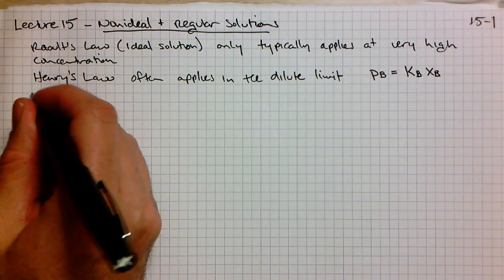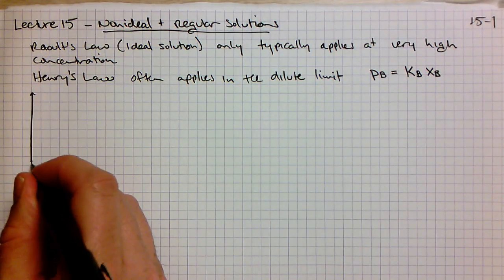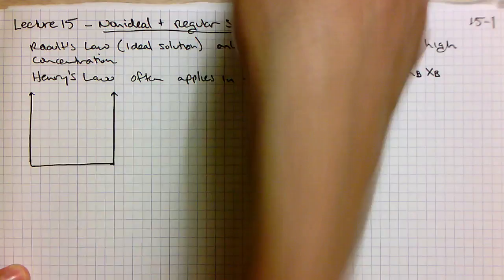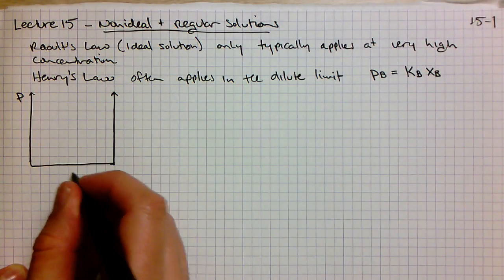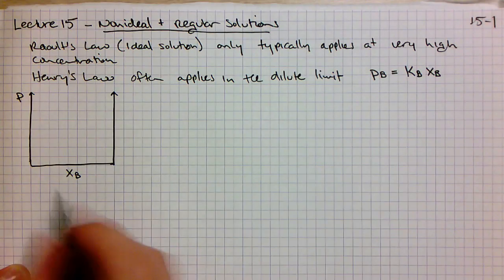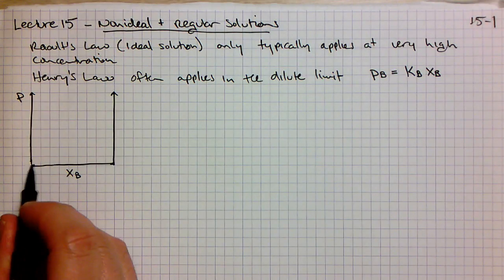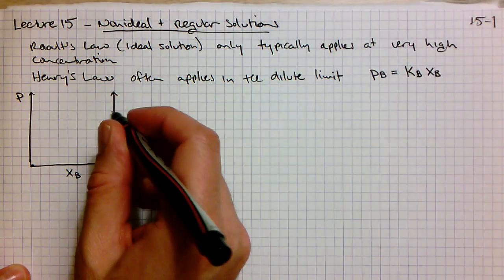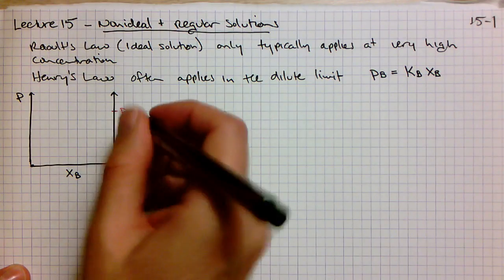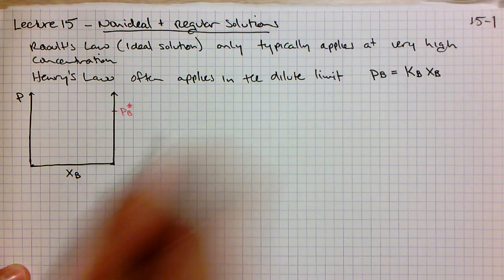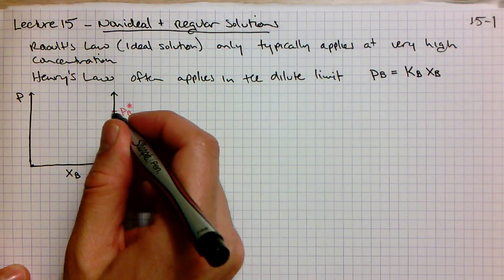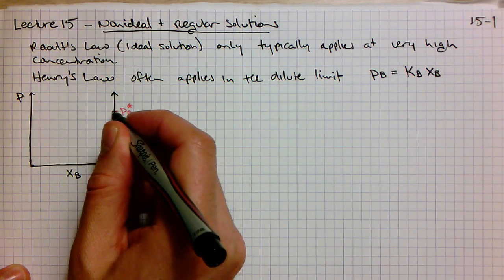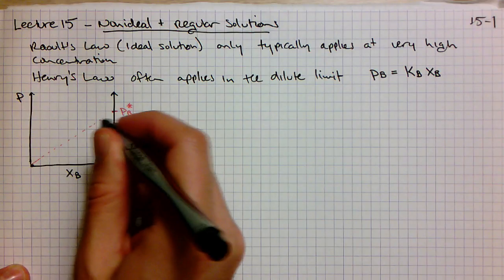Well, if we make a graph of pressure versus concentration of some species B, here we're pure B, and here we're pure A, then the partial pressure of the pure phase has to be PB star. And near the pure phase, we have Raoultian behavior, so it tends to fall on this straight line that would join the pure phase to zero.